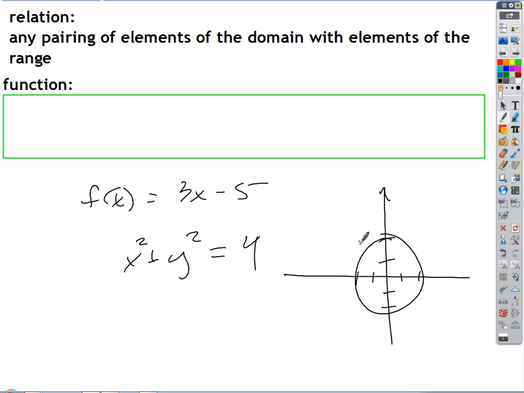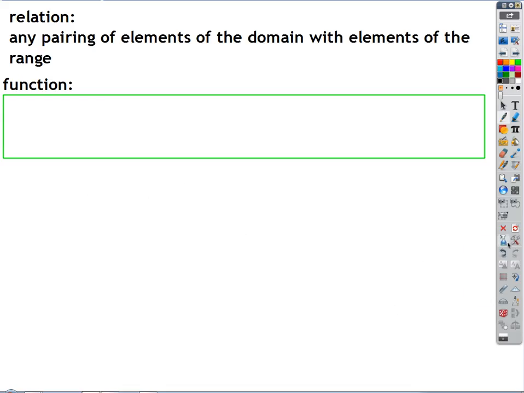It might just be something like maybe I've got something like that. So what's the domain in this set? Yeah, 1, 2, 3. Okay, what's the range? 2, 3, 4.